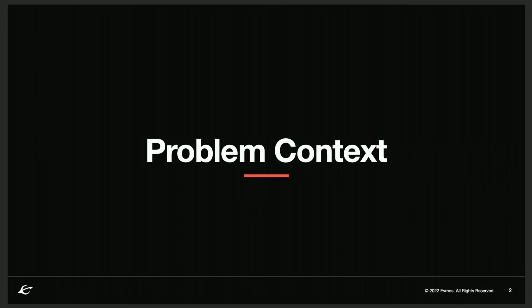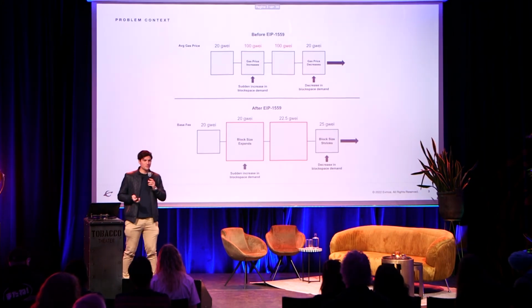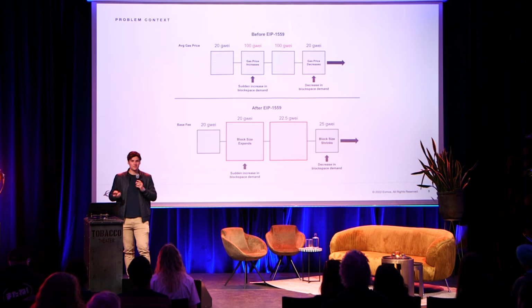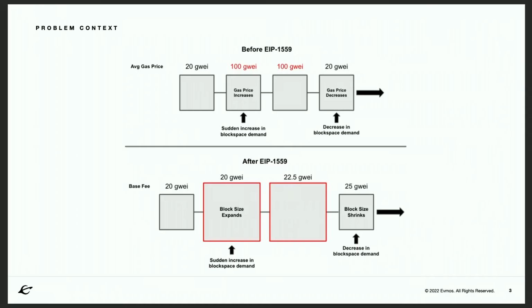So what is EIP 1559? This was a massive effort by the Ethereum community to solve the user experience problems that users were facing regarding transaction fees and gas costs.